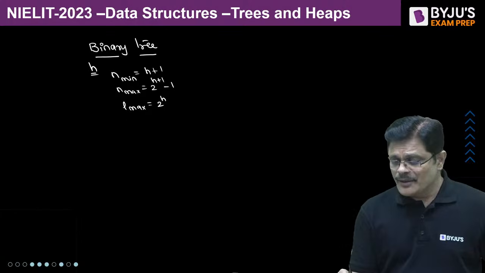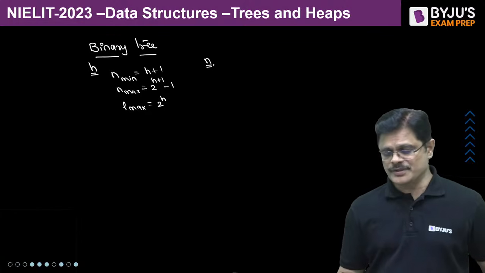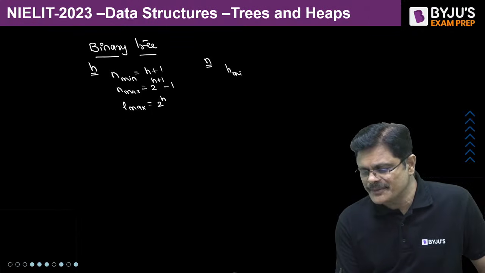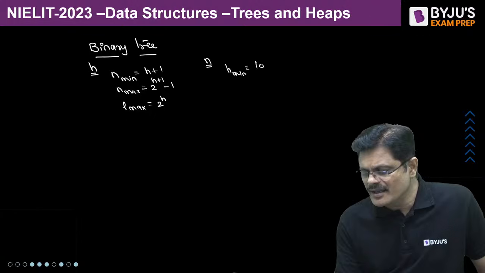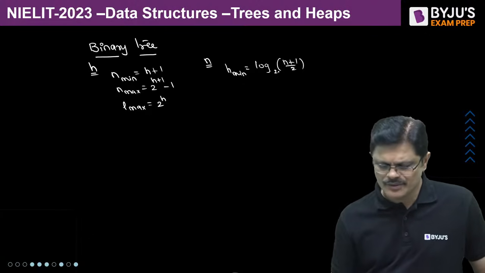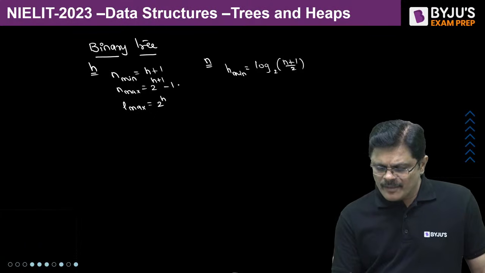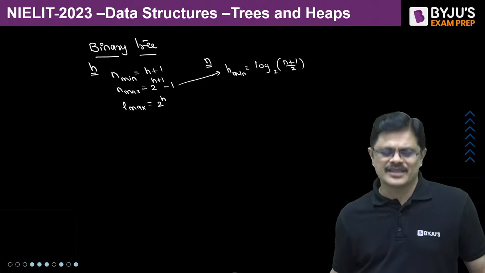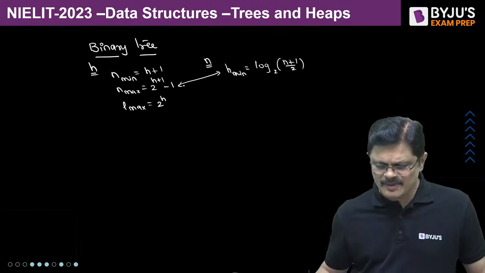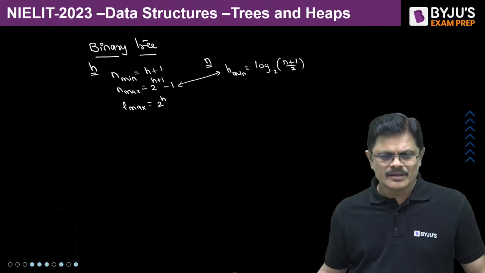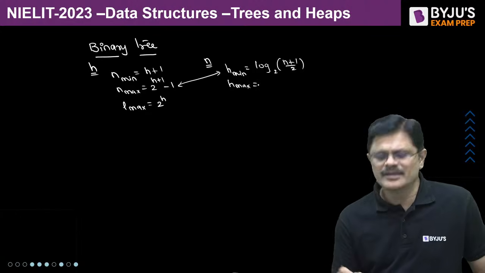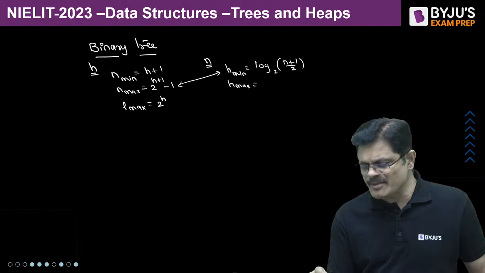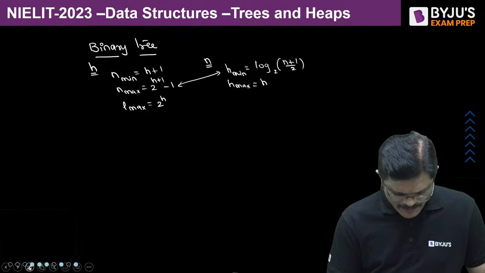Whereas for a given number of nodes, we can find the minimum height. The minimum height for a given number of nodes is given by log of n plus 1 by 2 to the base 2. Actually from the earlier relation you can get this particular result. Whereas the maximum height for a given number of nodes is given by n minus 1.